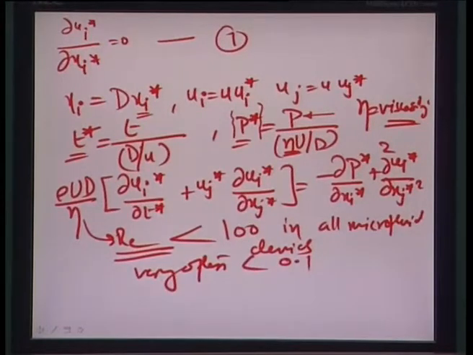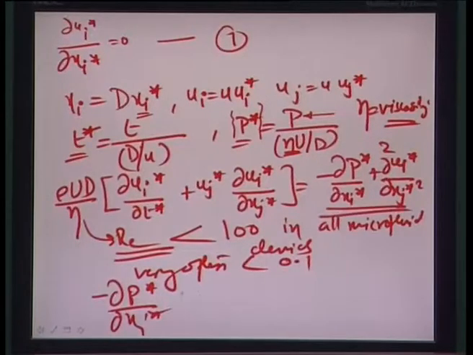So it almost always gives you an opportunity to write down minus del p star by del xi star plus del 2 ui star by del xj star square to be equal to 0.